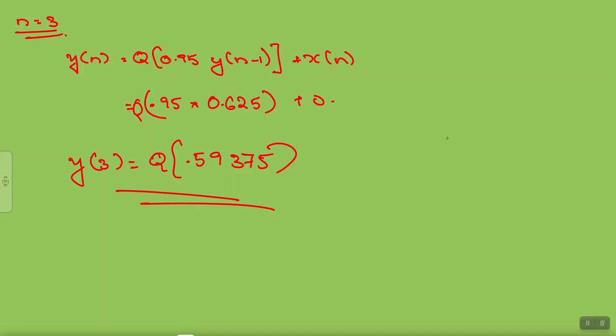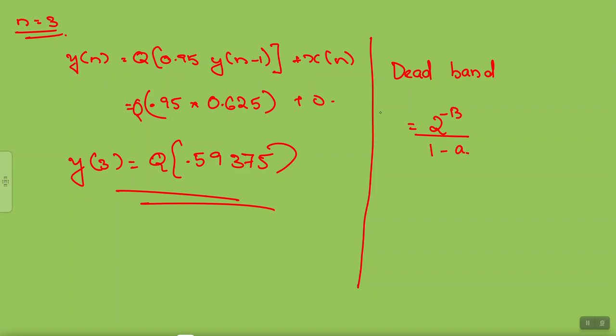And coming to the dead band, it is equal to 2 raised to minus b divided by 1 minus a, since we have only a first order filter.